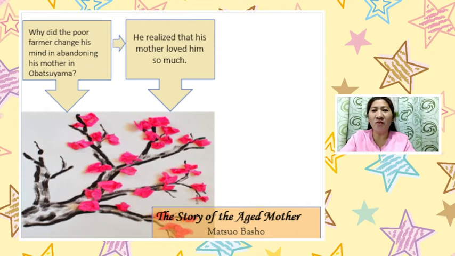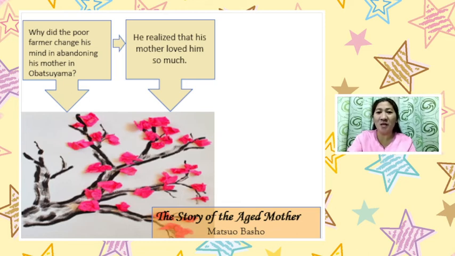The poor farmer realized how much his mother loved him, in spite of what he was planning to do with his mother. So together, they went down from the mountain of Obatsuyama, and together they faced the problem. Time passed, and the poor farmer was beginning to feel safe, when again the governor sent forth heralds bearing an unreasonable order.